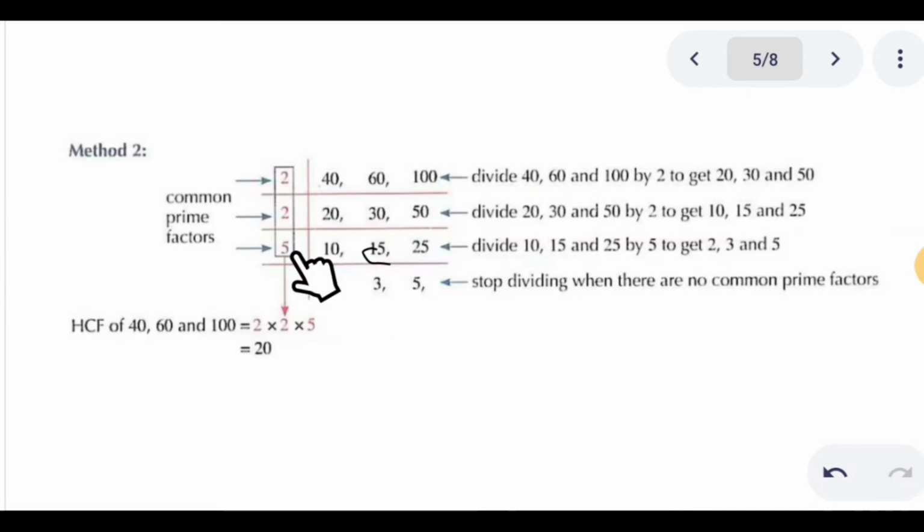Then we list all these common prime factors like that, 2 into 2 into 5, and multiply to get the HCF, that is 20. So the HCF of the numbers 40, 60 and 100 is 20.